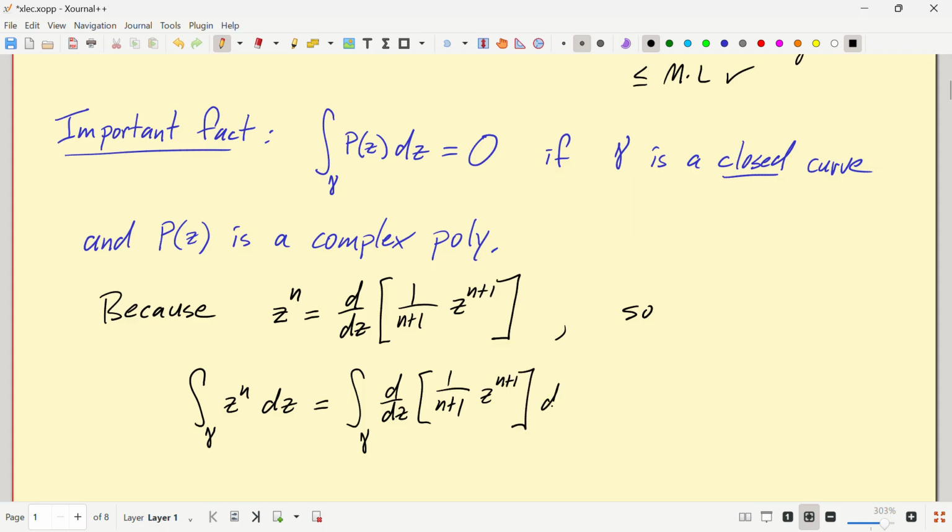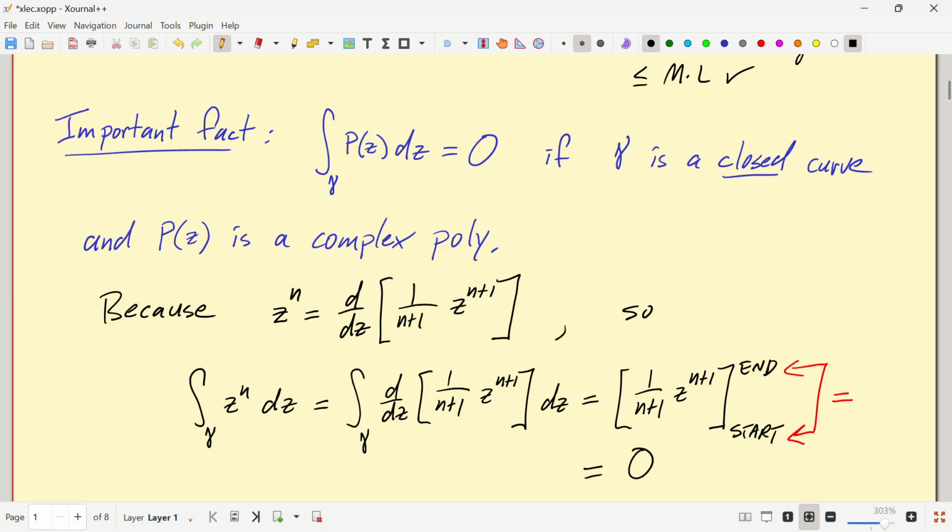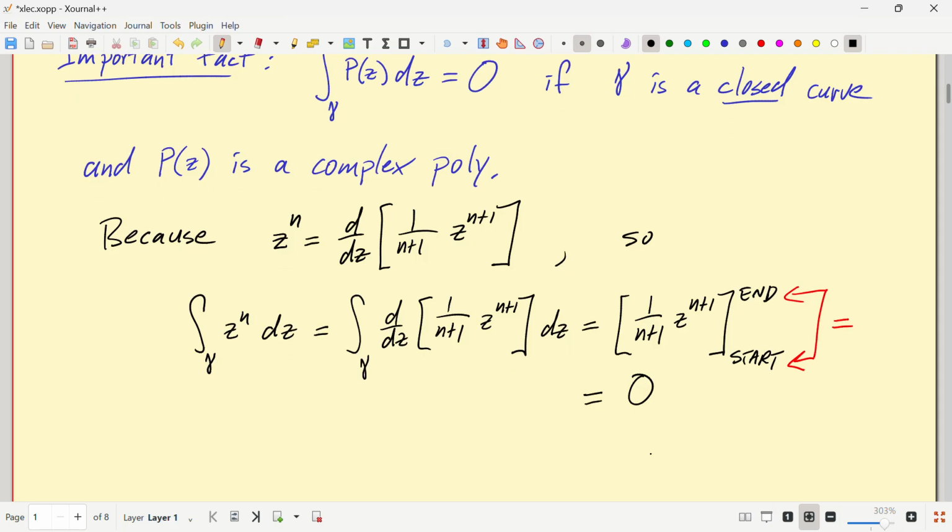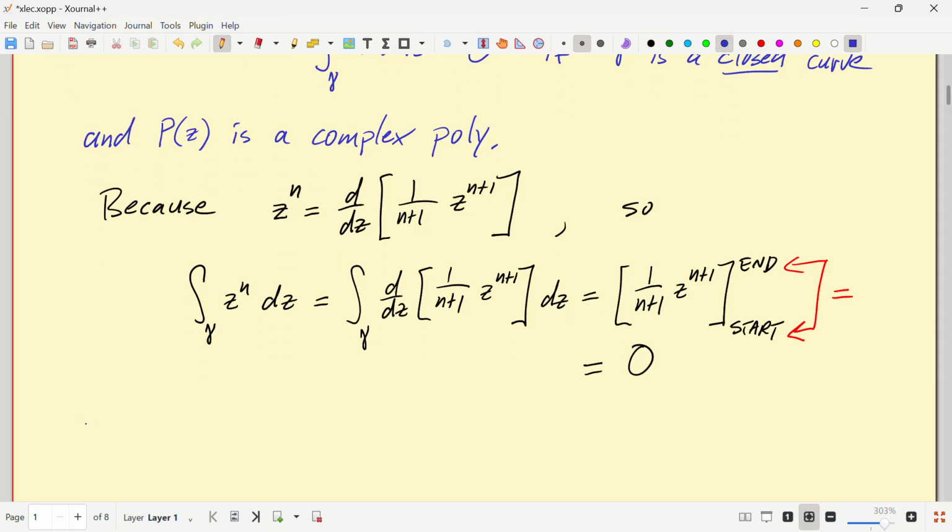And the fundamental theorem of calculus, number 2 probably, would tell you this is the thing inside, 1 over n plus 1, z to the n plus 1, between the start and the end. And of course, if it's a closed curve, the start and the end are the same thing. And so that is a big fat 0. Okay. In fact, the same argument works for negative powers. So a remark here.